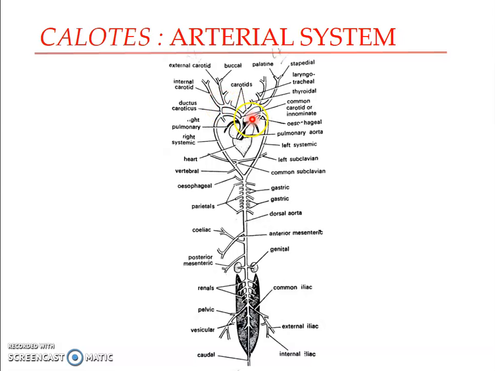Here you can see the right carotid and the left carotid. They run parallel to the systemic trunks of that side. Later, each carotid artery divides into two.